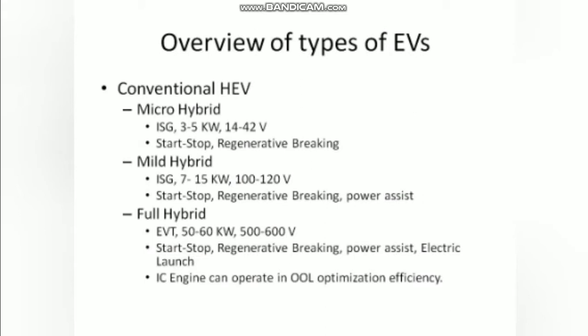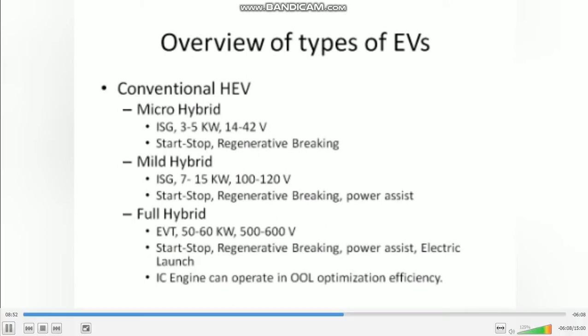Different from the operation of a micro and mild hybrid, a full hybrid offers more versatile operation. The vehicle will operate in IC engine mode alone, electric motor mode alone, or in a combination of both the IC engine and motor together. It requires a complicated transmission system known as electronic variable transmission, which is generally a high power device of 50 to 60 kilowatts with a system voltage of 500 to 600 volts.